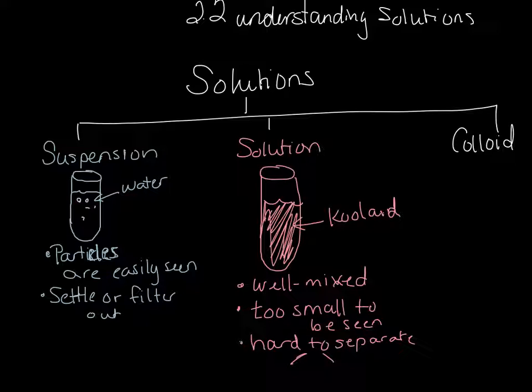And we're going to move on to colloid. And a colloid is a lot like fog, where the particles are easily seen. They're big enough to see, but they don't settle. They just kind of stay floating midair. So a colloid, we have a test tube. Good examples of colloids are fog, jello, right down to even a marshmallow.